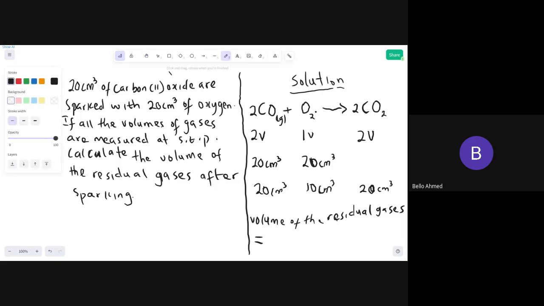I'm not going to write that in words, so I'm just going to say the volume of the unreacted oxygen that is also going to be in the container is 10 cm³, plus the other gas that will be in the container, which is the product that is formed. It will remain in the container. So we are going to have 20. And that is going to be the residual gases in the container, in cm³. Well, this is going to give us 30 cm³.